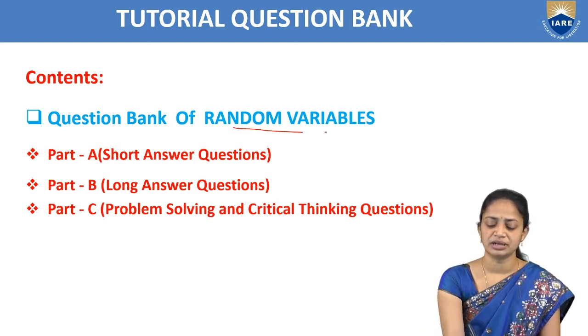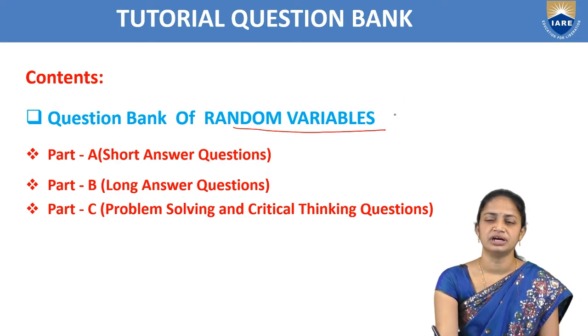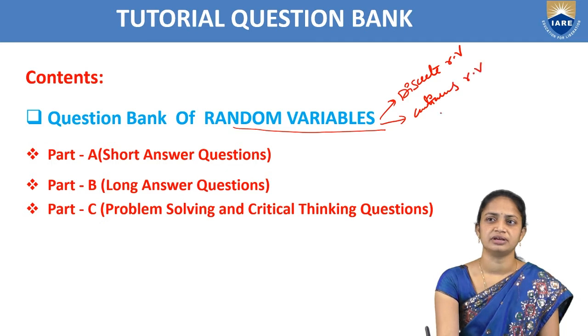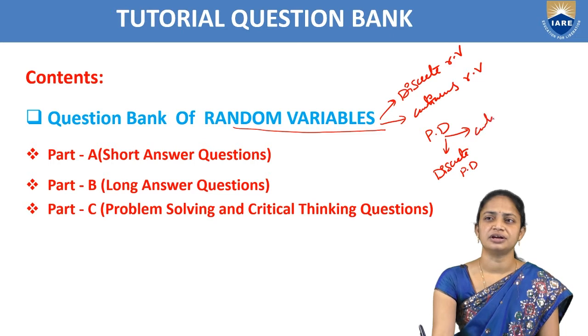In random variables, we have discrete random variable and continuous random variable. The next topic is probability distribution. In probability distribution, there is discrete probability distribution and continuous probability distribution.